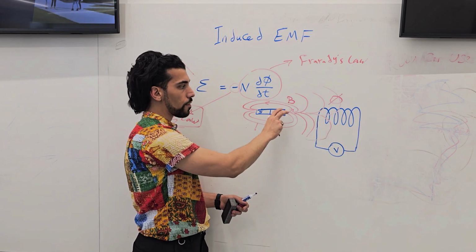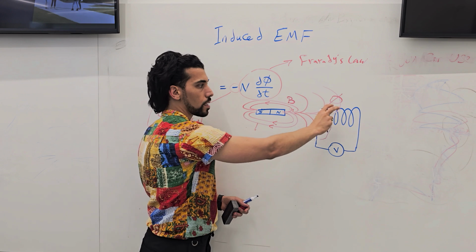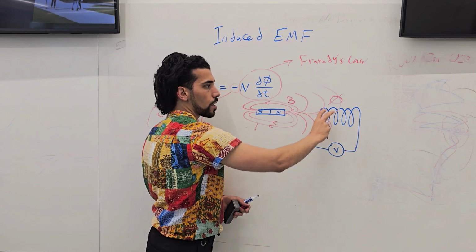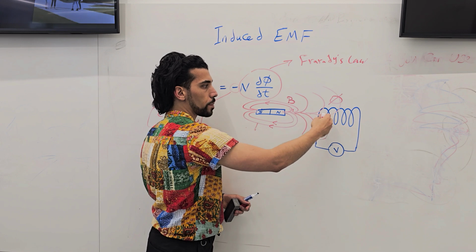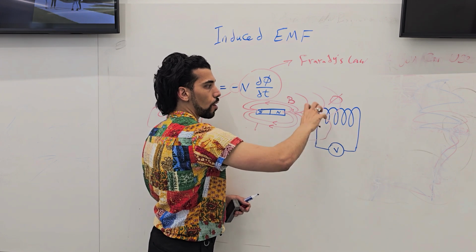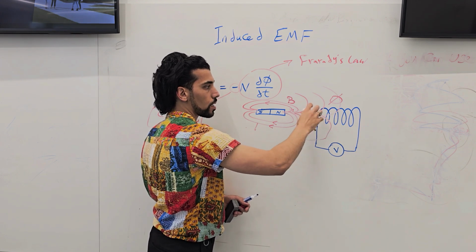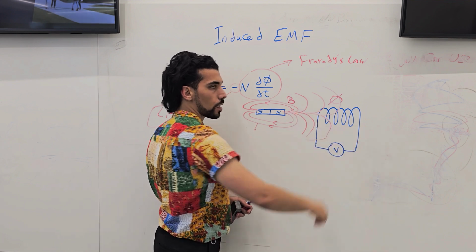Okay? And if this magnet is going away, this coil is going to produce electromotive force so that the magnetic field produced inside is kind of opposing the action of this one to decrease. So it's trying to push it inside.